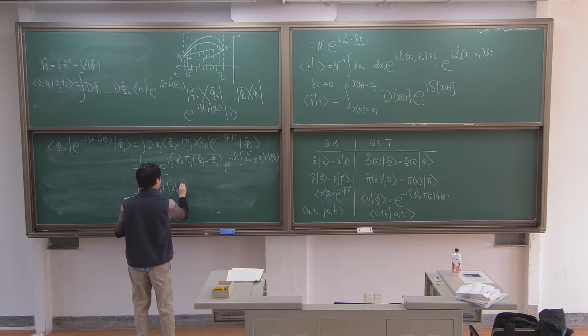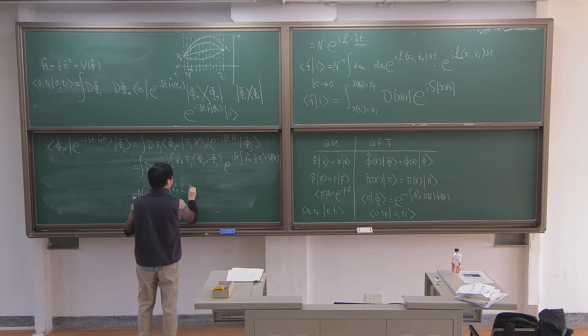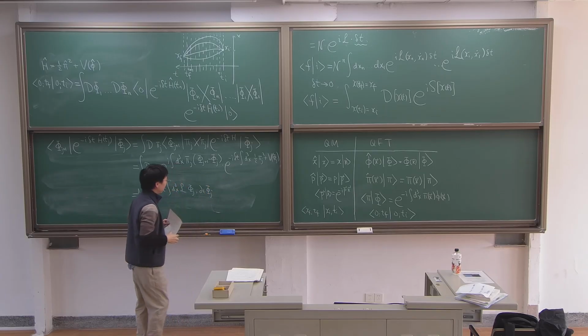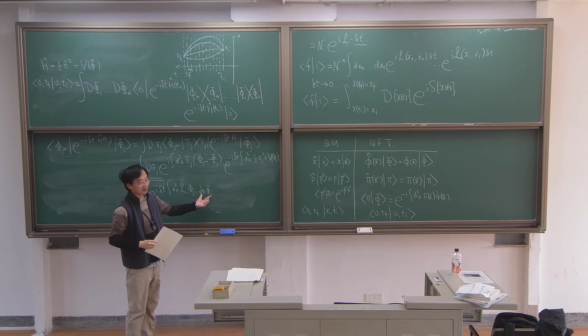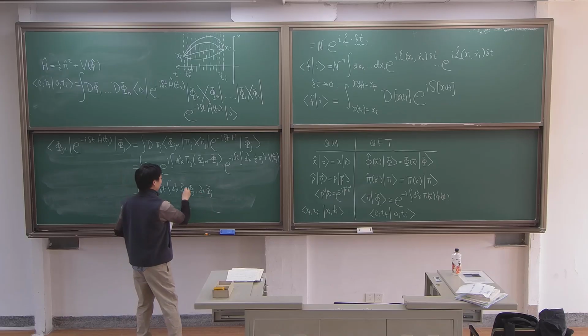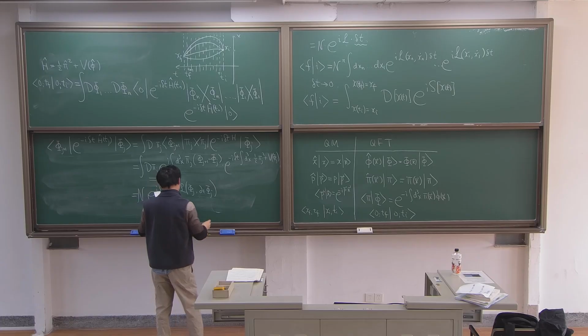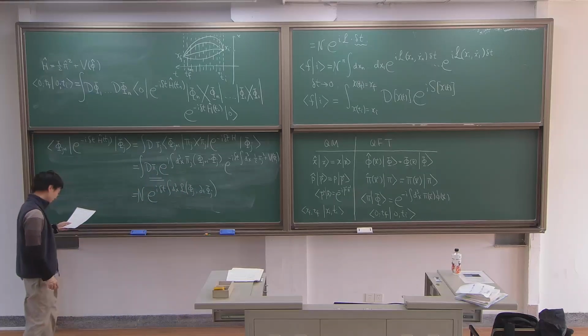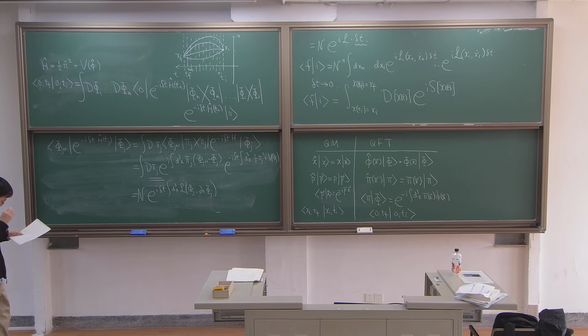You get a Lagrangian, basically, for phi j, with partial t phi j. Previously you had a velocity, now we have this partial t phi j. You get the Lagrangian. That's the answer.